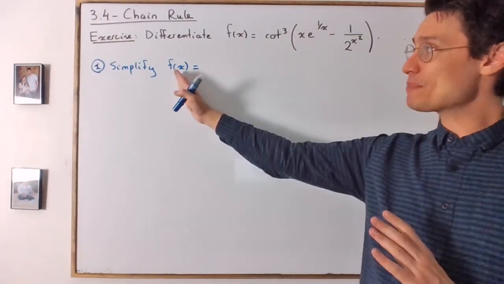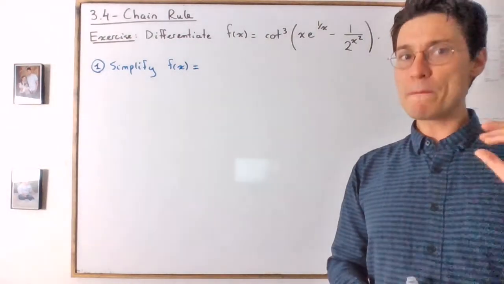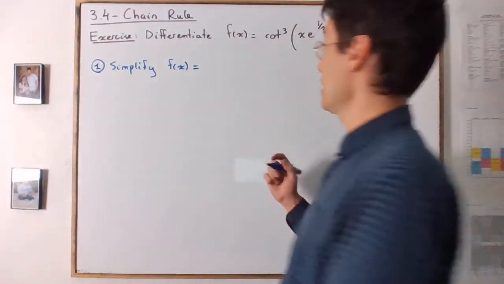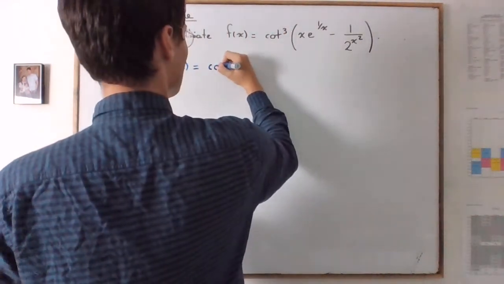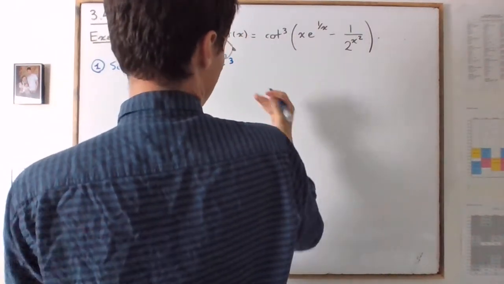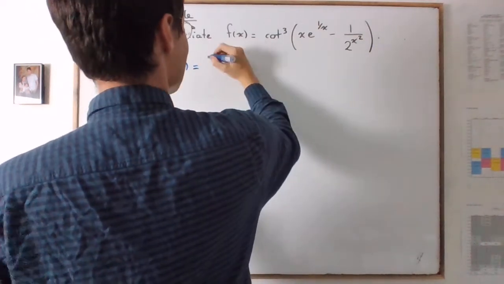So when I say simplify, really what you should think about is what would make the differentiation rules easier to apply. And typically, cotangent cubed, there's not really a way around it, but it might help to actually write it as its definition.